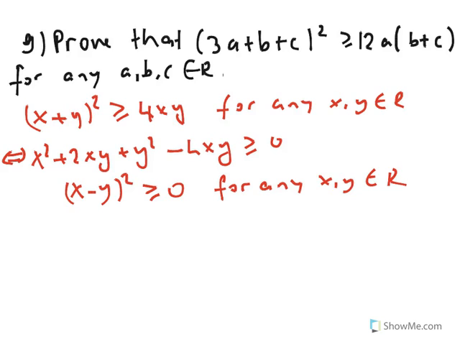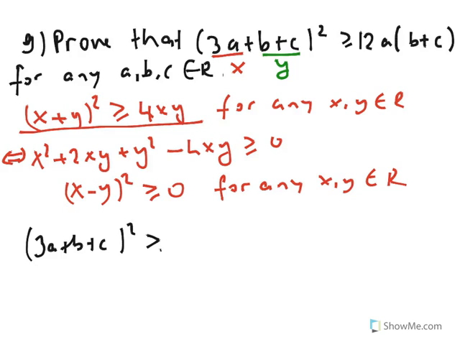since this inequality is true for every x, y in reals, if you choose 3a to be x and b plus c to be y, now we have (3a plus b plus c) perfect squared is greater than or equal to 4 times 3a times (b plus c), which is 12a times (b plus c).